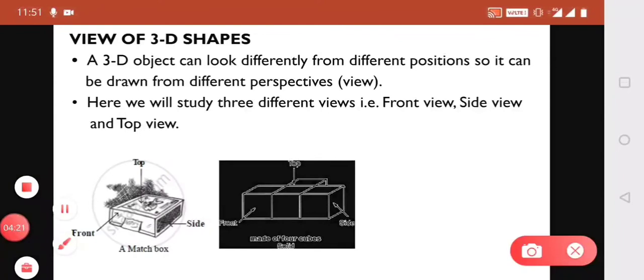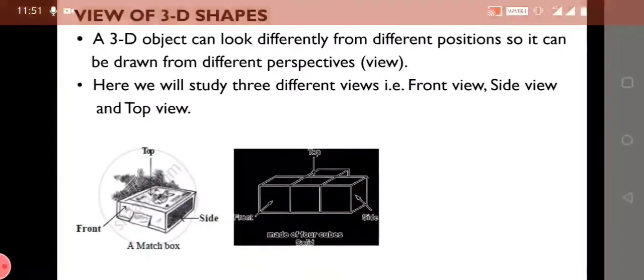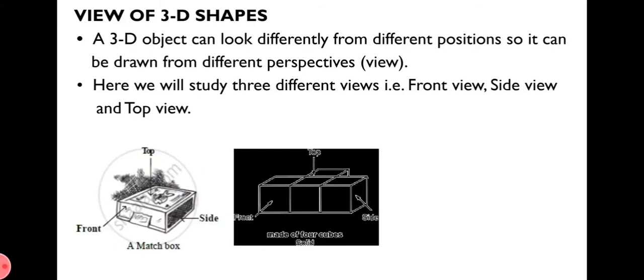When we see from the front, we can see these 3 faces, 1, 2 and 3. These 3 square faces of 3 cubes we can see from front. So from different positions we see a given solid object differently.